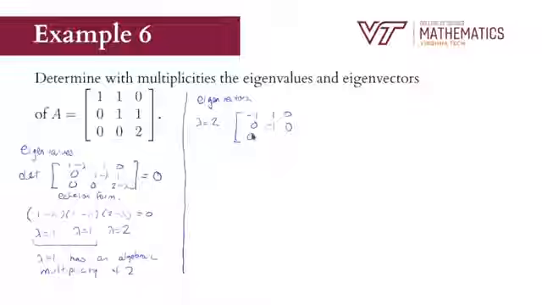And 2 minus 2 is 0. All right. I'm going to do negative of row 1. That's going to get me 1, negative 1, 0. 0, negative 1, 0. Sorry, this should be a 1 here. Let me fix that.